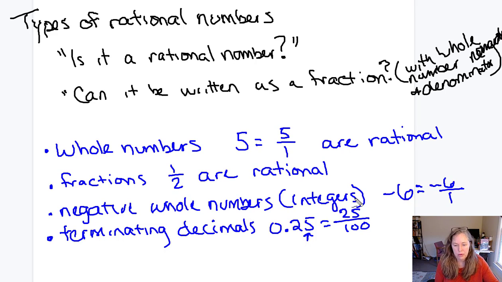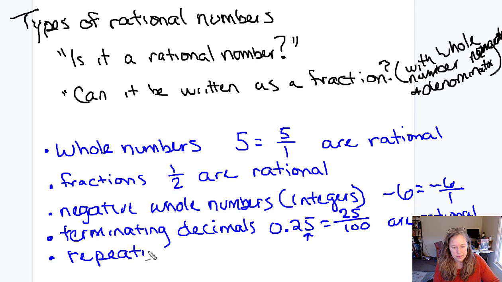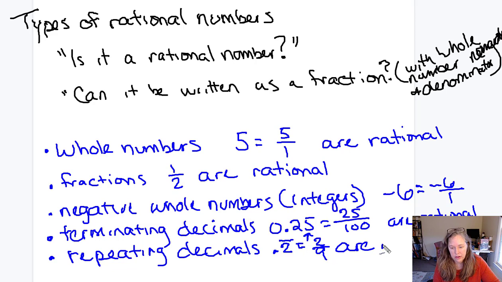So terminating decimals are rational. And then repeating decimals, like 0.2 repeating, we saw, is 2/9. It can be written as a fraction, so they are rational.